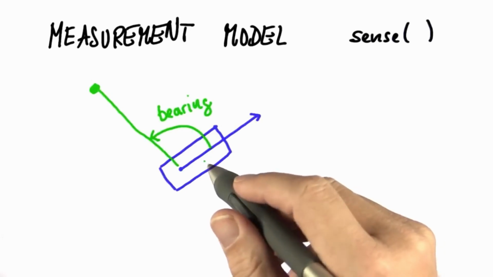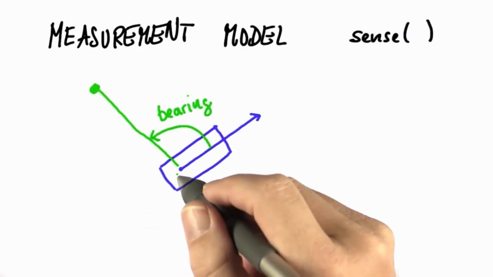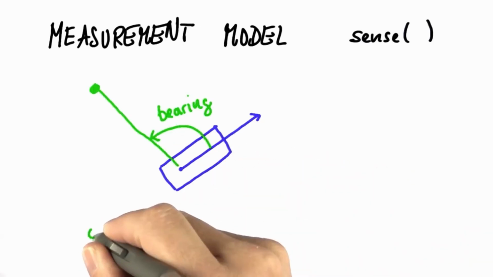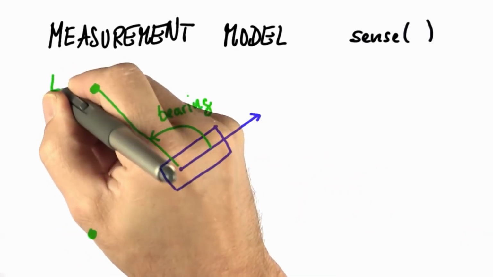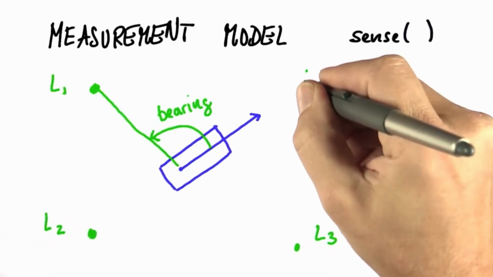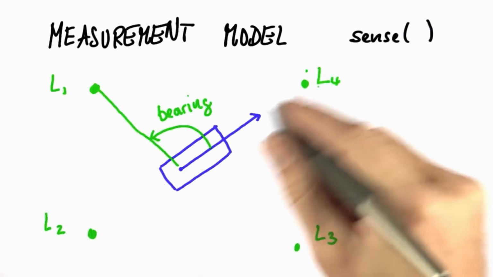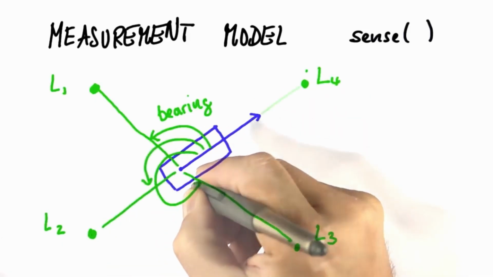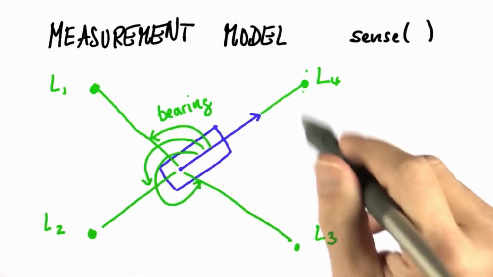So whereas before we measured ranges or distances, now we measure bearings or angles. We assume in the world there are 4 landmarks, L1, L2, L3, and L4. All of those are distinguishable. So the measurement vector is a set of 4 bearings that correspond to those 4 different landmarks.